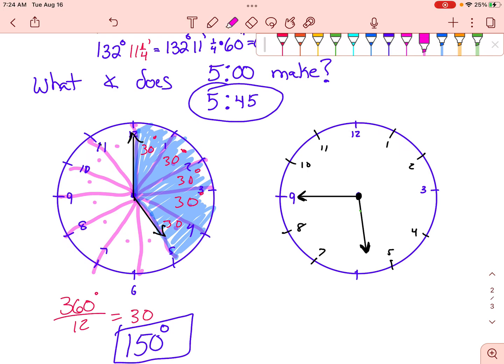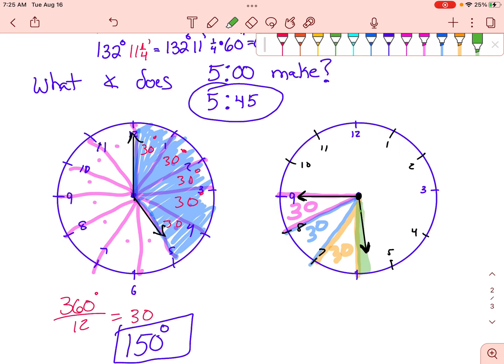If I come over here, again, the minute hand is right on the 9. Okay, so right here, this pink slice represents 30 degrees. This blue slice represents 30 degrees. This orange slice represents 30 degrees, but then I have this little sliver here.